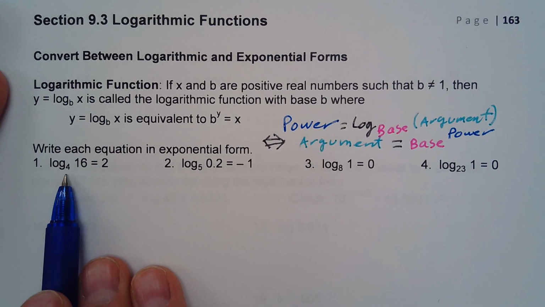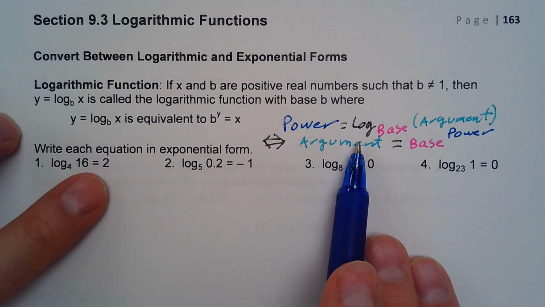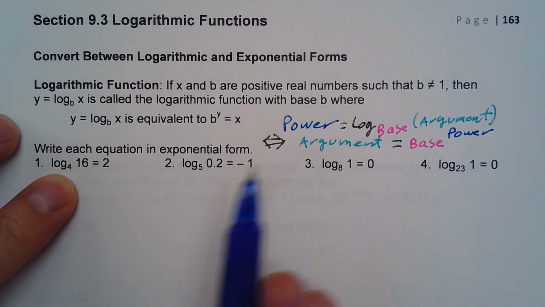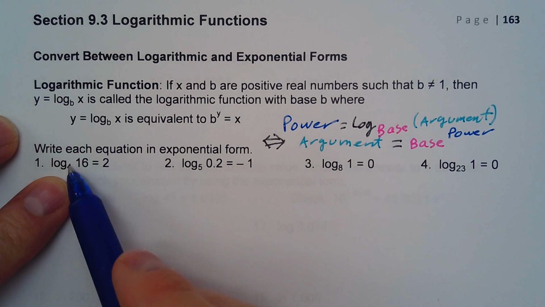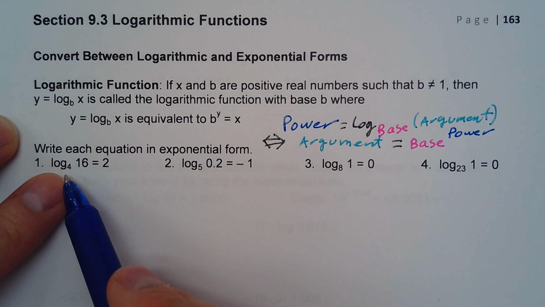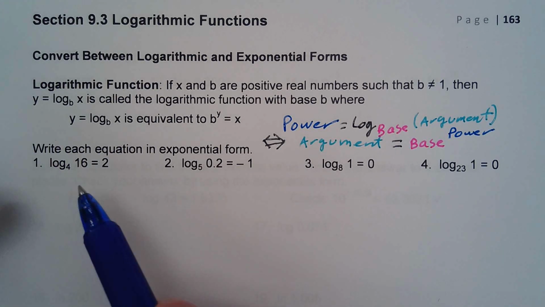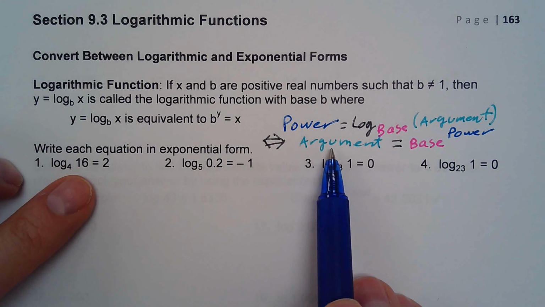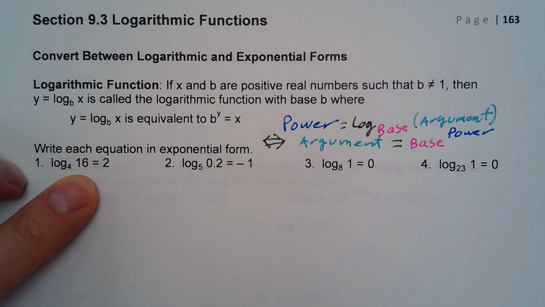So I'm starting with the log form. 2 is going to be my power. My 4 is going to be the base. The base will always be shifted down. So it's kind of like that at the bottom is like the base. And then this is my argument. So I'm going to rewrite it as argument. Argument is 16.